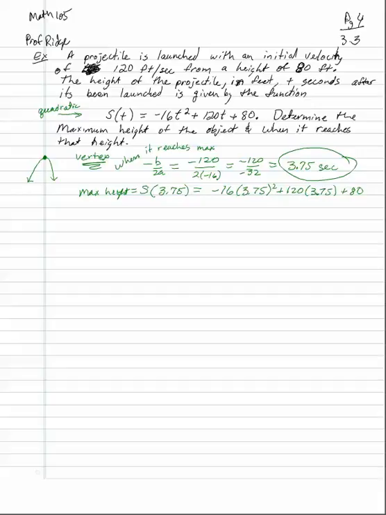If you were to shoot something at 120 feet per second for the initial velocity and you're started at a height of 80 feet, this will actually give you, this is an actual real life formula, neglecting any air resistance and, you know, ignoring terminal velocity and all that stuff. But, you know, if it's a rock or, you know, relatively smooth, or a ball bearing or something, it's going to be pretty close to this.